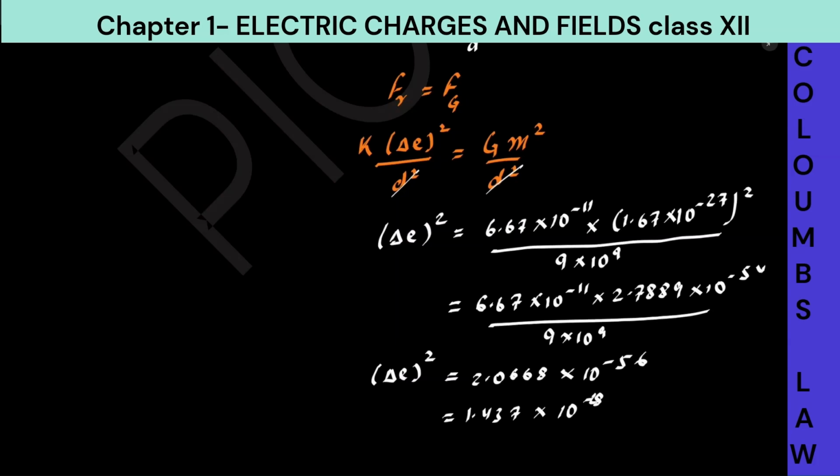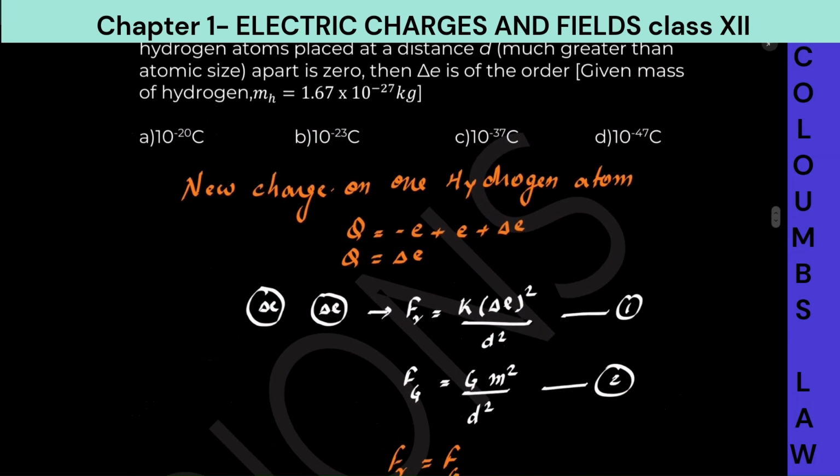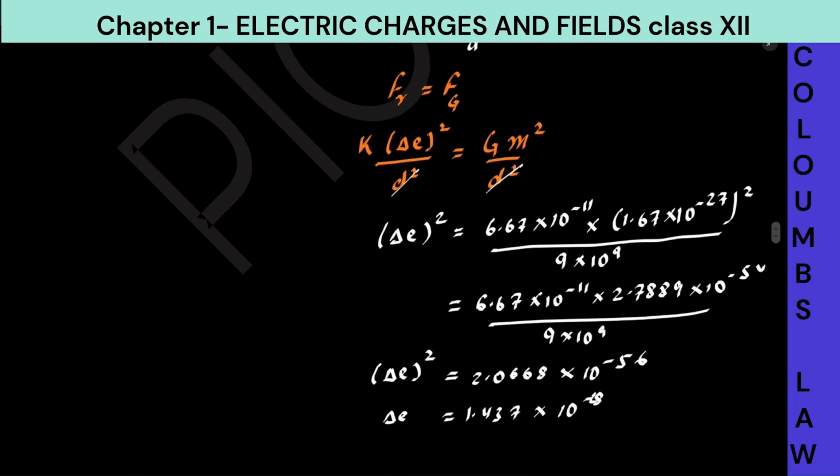So the correct answer is 10 to the power nearly minus 28, correct? So nearly 10 to the power minus 28, that is our delta E. Okay, so here there is a slight variation. Because the 4 options are not the same, let me just check if I have made a mistake somewhere.